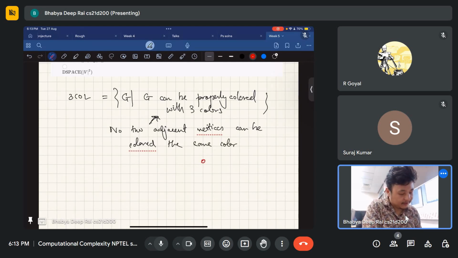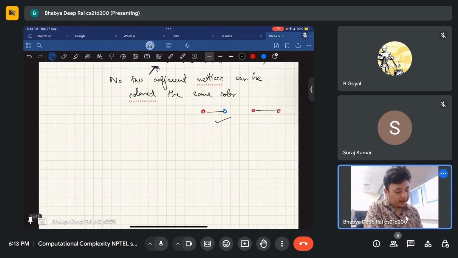So something like this is allowed, something like this is not allowed. That is about three colorability.